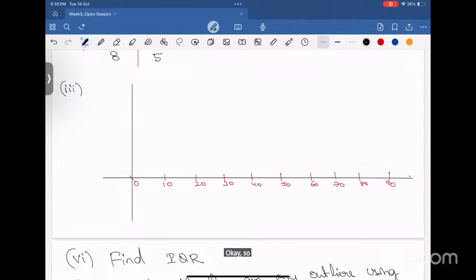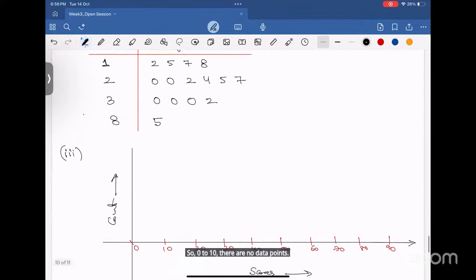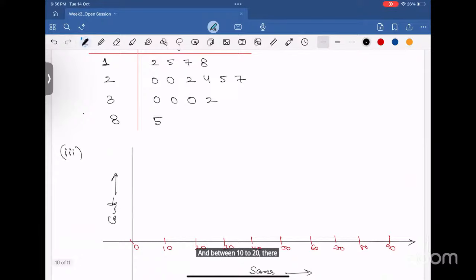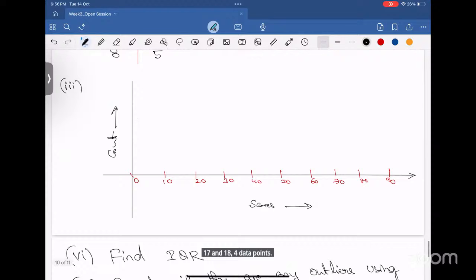Okay, so this side is the scores. This side will be the count, right? Or how many data points. So 0 to 10, there are no data points. And between 10 to 20, there are 12, 15, 17, and 18, 4 data points.